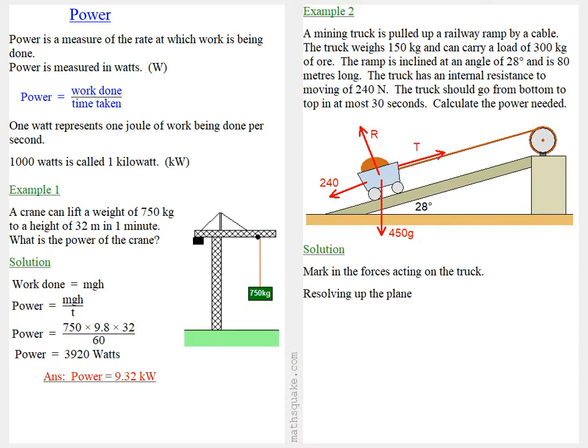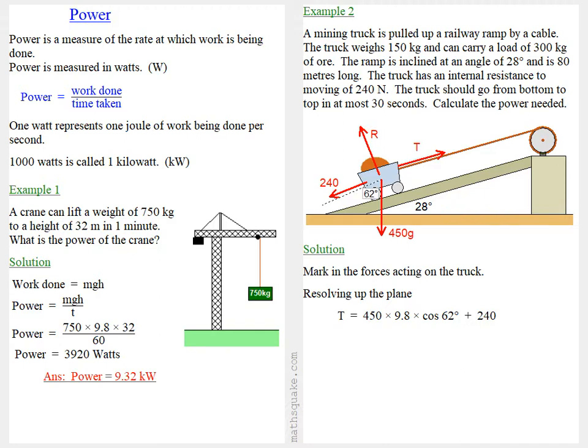If we resolve up the plane, there are 3 forces we need to consider. We've got the tension up the plane, T. Now the weight of the truck and the ore is 450 kilograms, so that's 450 times 9.8, but it's only a component down the plane, and so we multiply by the cosine of the angle between the direction of the weight and the direction of the plane.